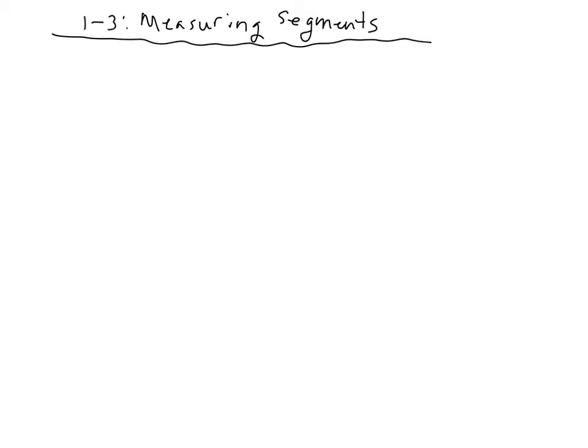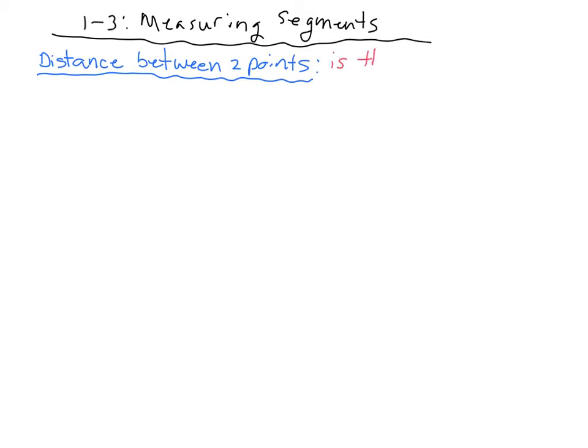So we're going to define the distance between 2 points. The distance between 2 points is the absolute value, because distance is always positive.